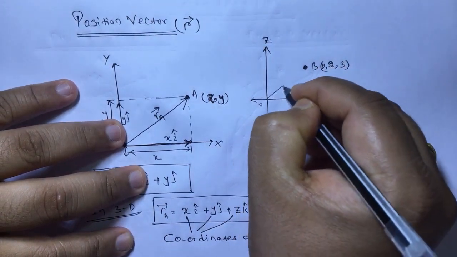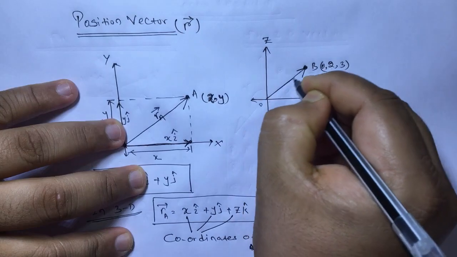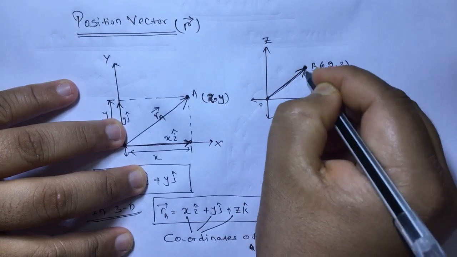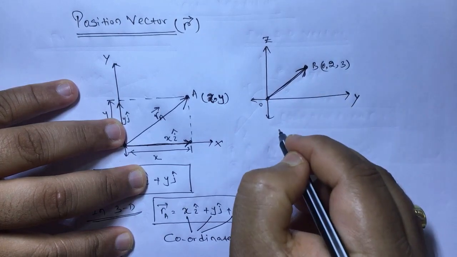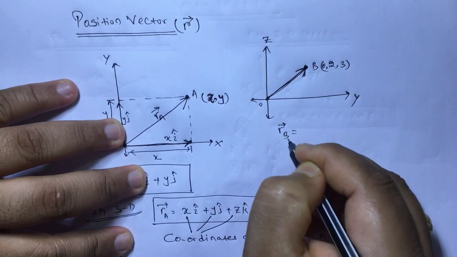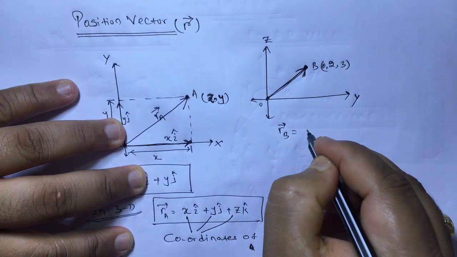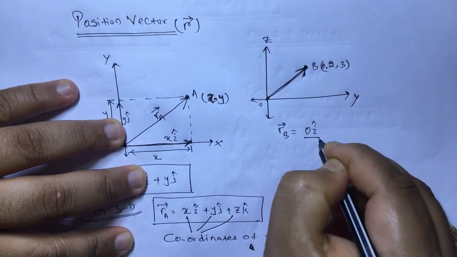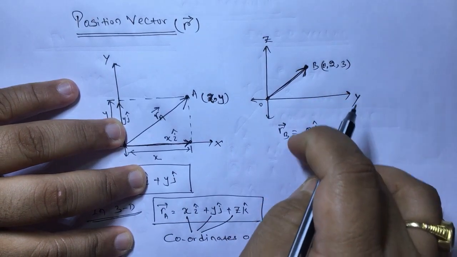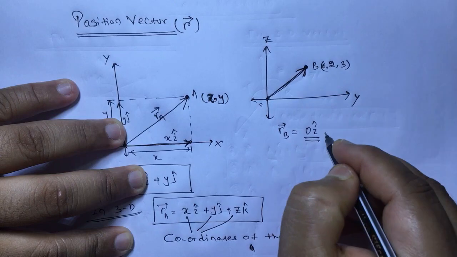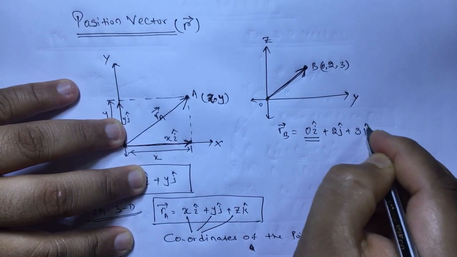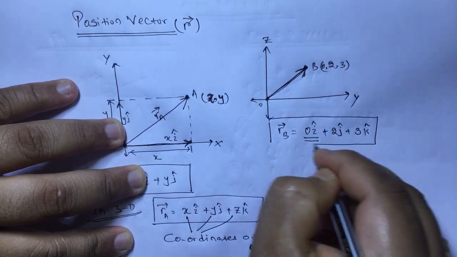The position vector is drawn joining the origin and the point, directed towards the point. So RB vector equals 0 i cap, which you may eliminate since it is zero, plus 2 j cap plus 3 k cap. This is the meaning of position vector.